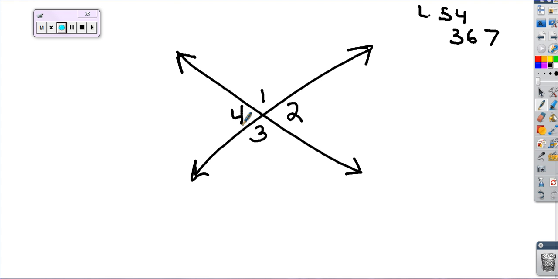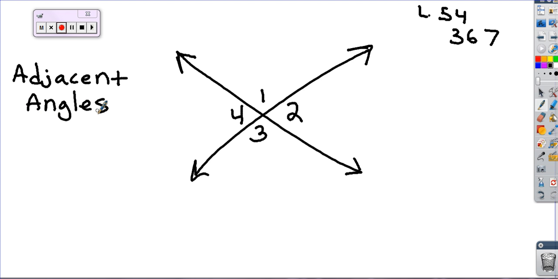And then we're going to name two terms and define them for what these mean. The two terms we're going to define are adjacent angles and opposite angles.